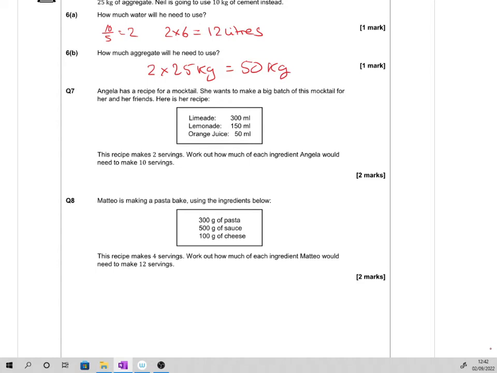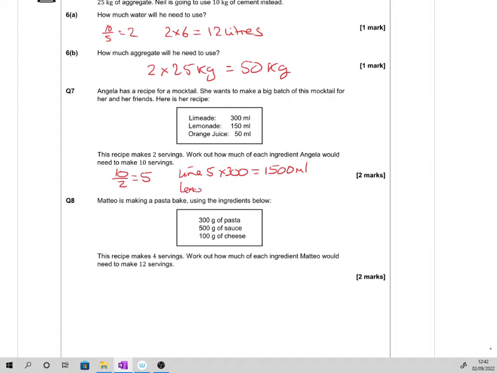Okay, Angela has a recipe for a mocktail. She wants to make a big batch of this mocktail for her and her friends, and this is what she uses: limeade, lemonade, and orange juice. This recipe makes 2 servings. How much of each ingredient would you need to make 10 servings? So we've got 10 divided by 2 is 5. So we need 5 times as much. So the lime is 5 times 300, which equals 1500 ml of lime.